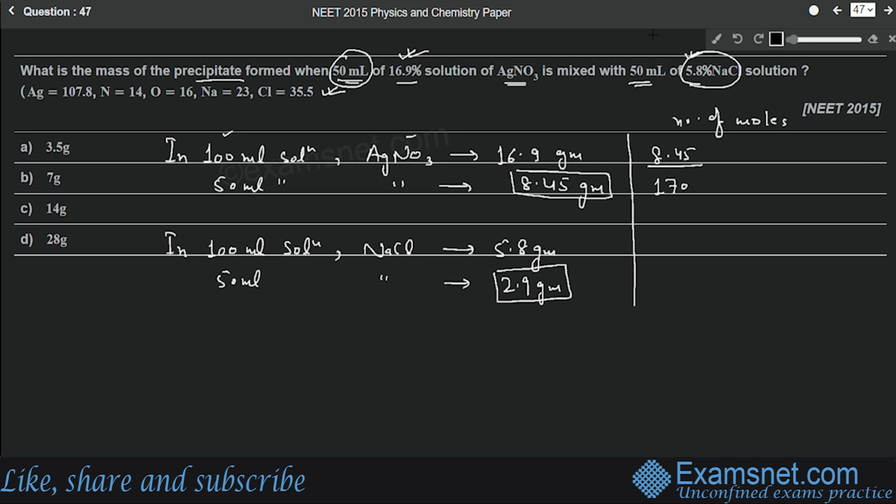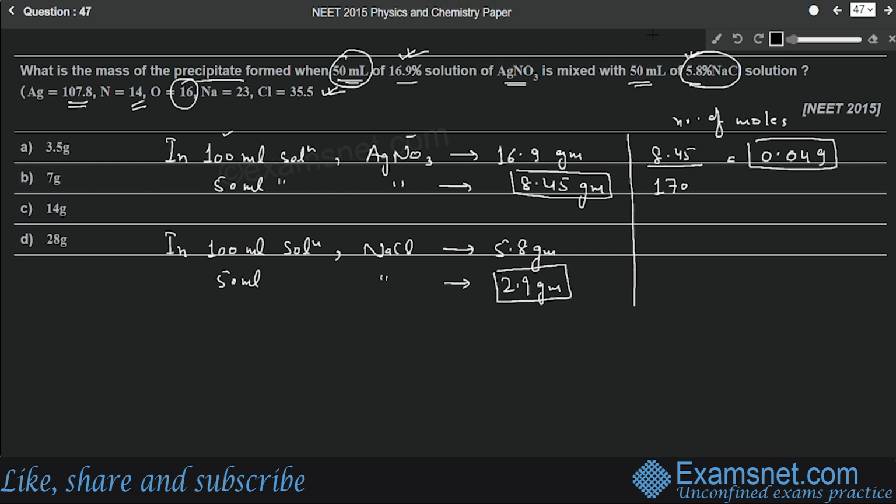Why? Because the atomic mass of silver is 107.8, then nitrogen 14 and 3 times oxygen, that means 48. If you add them up, you will get 169 point something, so I have written 170. So the number of moles that we get is 0.049.